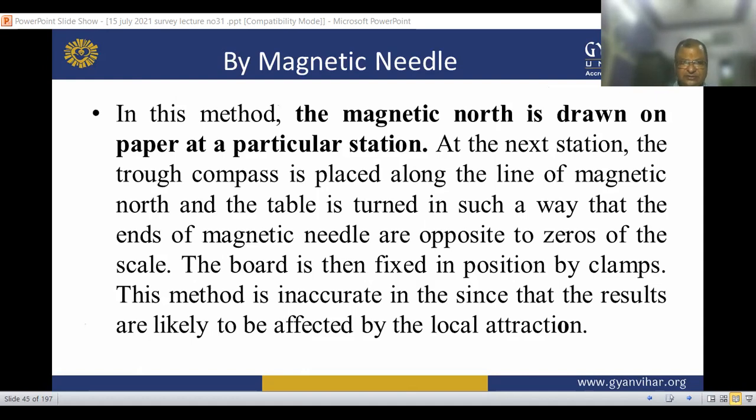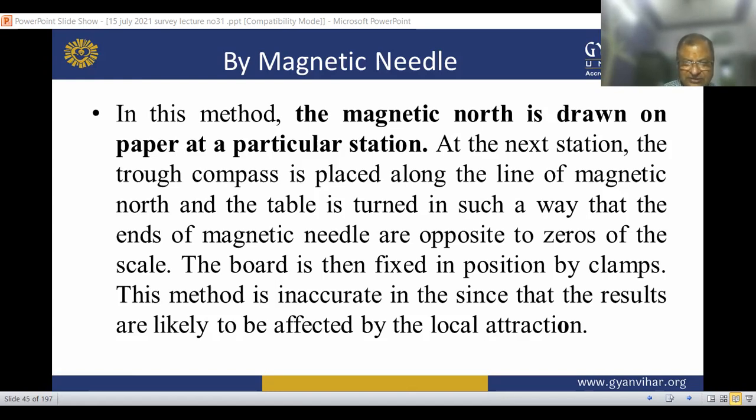At the next station, the trough compass is placed along the line of magnetic north, and the table is turned in such a way that the magnetic needle is opposite to the zero of the scale, and the board is then fixed in position by clamps.